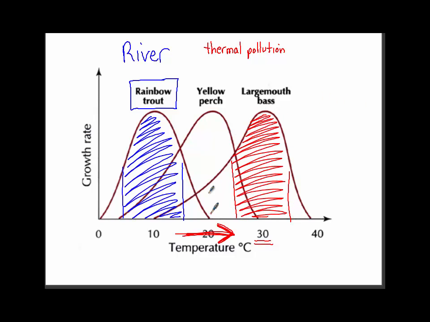Now we're in the zone of intolerance of rainbow trout. Here's its cutoff, and we have a change in fish. Now you have bass taking over the river in that area of thermal pollution, because of humans pushing this limiting factor into the stress level and then out of the stress level into the zone of intolerance. So hopefully that makes sense.